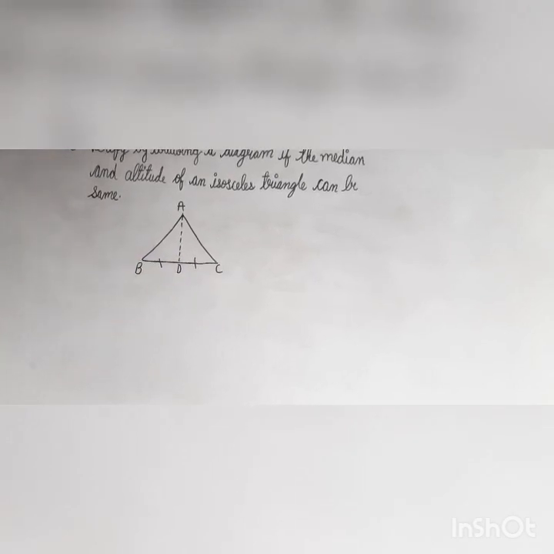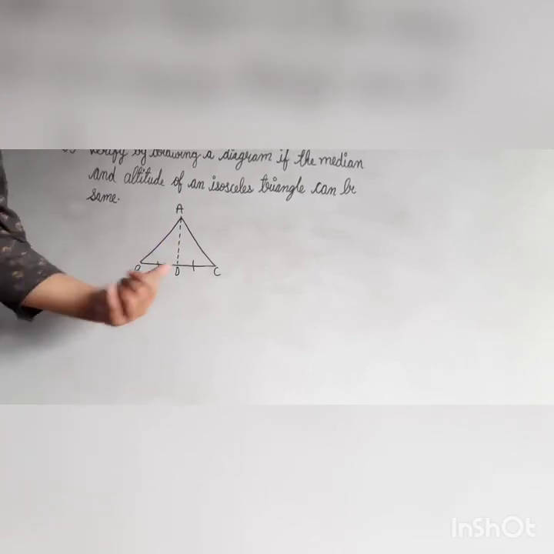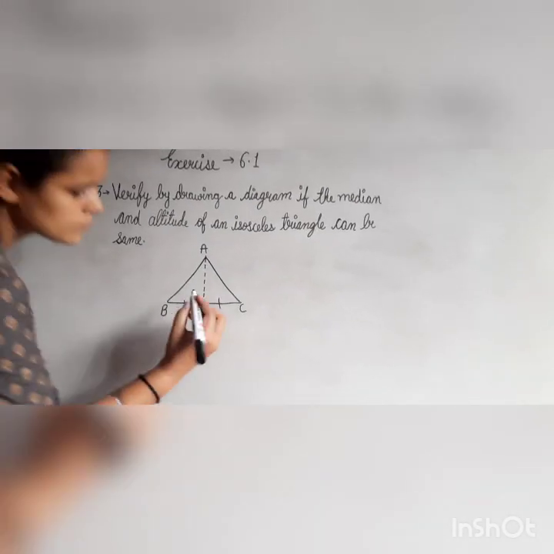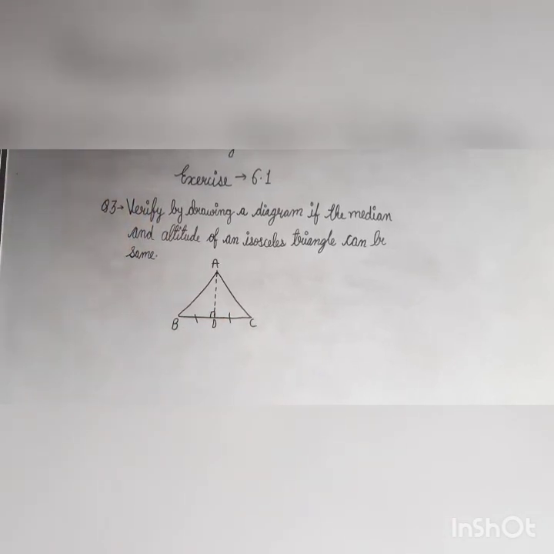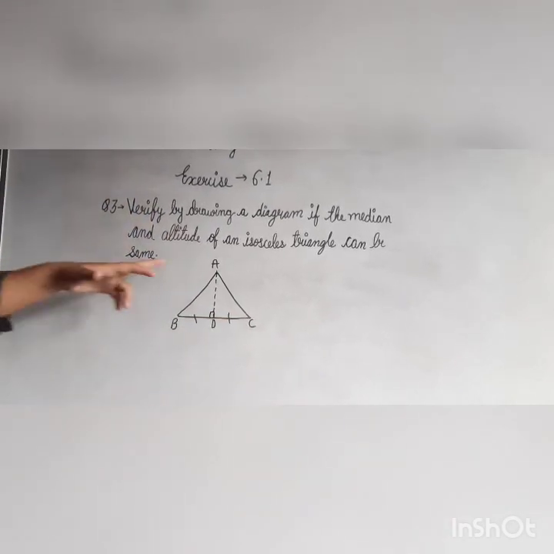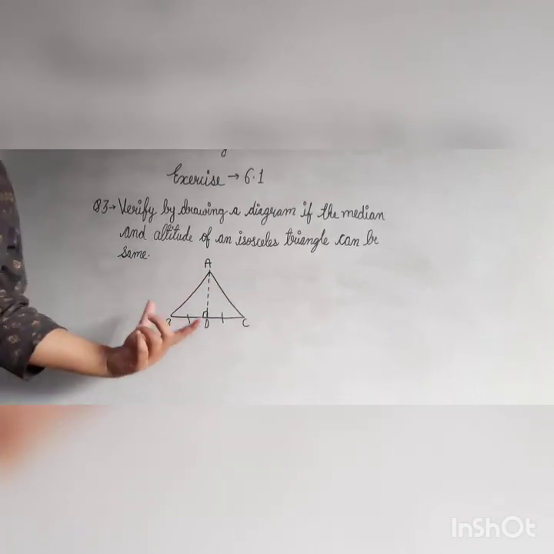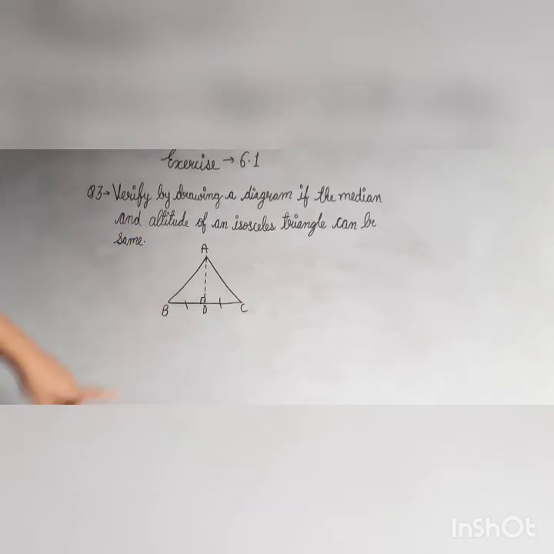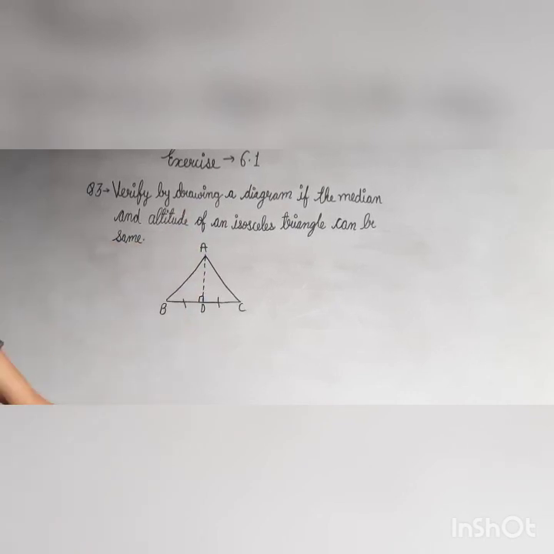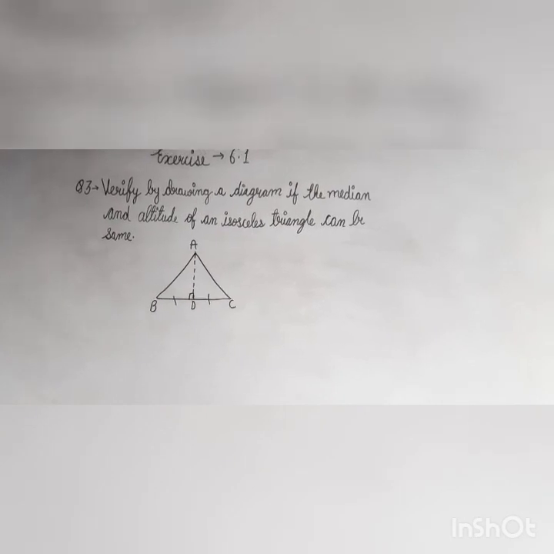Then AD is the median and altitude of the isosceles triangle. This is 90 degrees. You can see in the figure ABC is a triangle and in an isosceles triangle its two sides are equal. Then AD is the median and altitude both. Now your exercise 6.1 is completed.